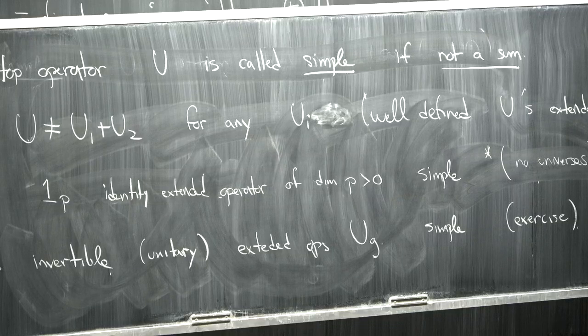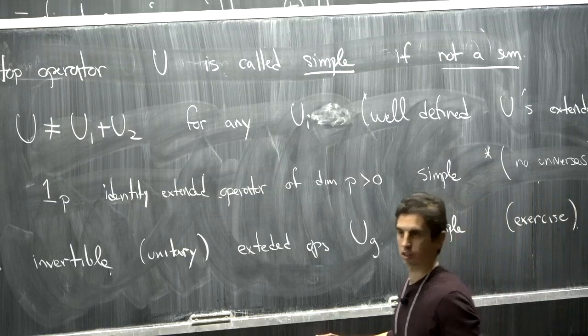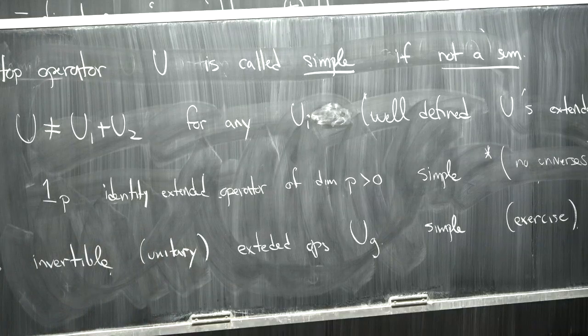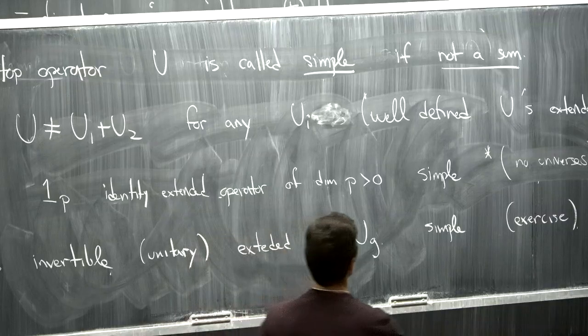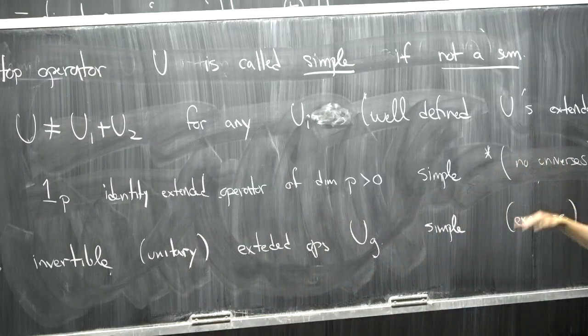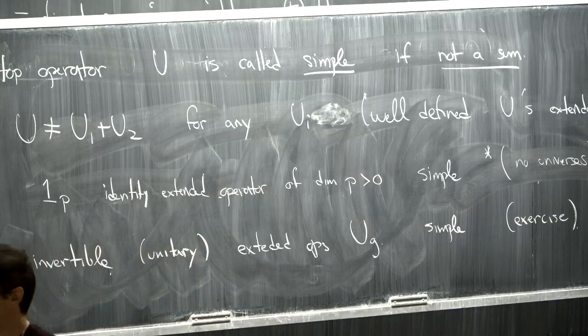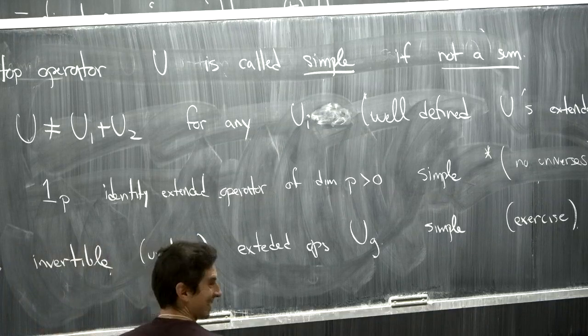There's not really much content to it other than the words. Yes? If we need the caveat no universes on the identity, but you're saying, do we also need it on? Yes. So this caveat applies to this distinction, this board. That's an annoying caveat. Yeah.